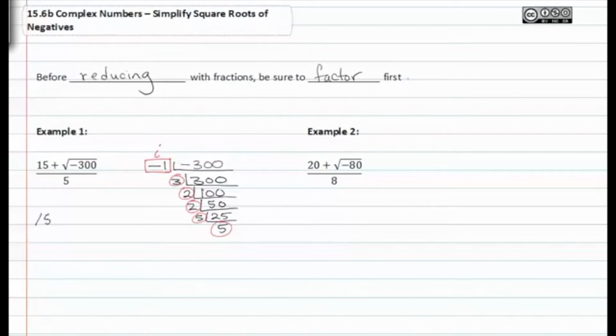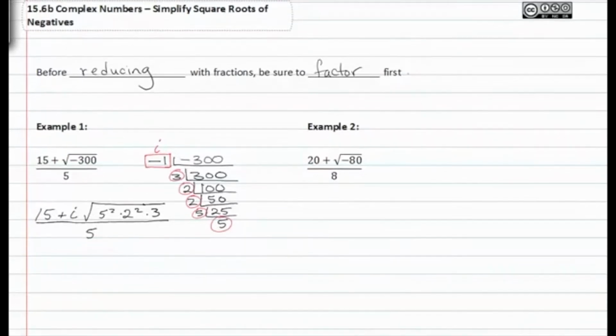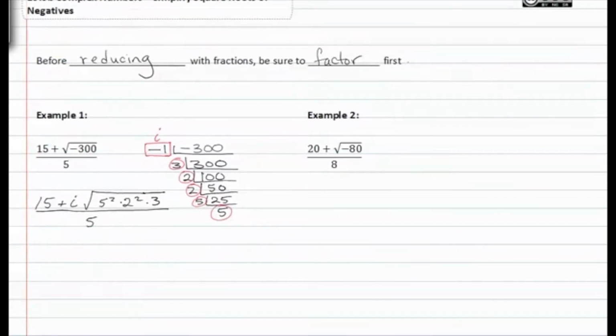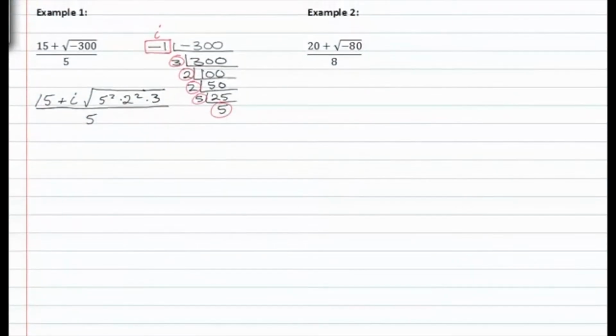We've got 15 plus i root 5 squared times 2 squared times 3, all over 5. From here, we can pull out a 5 and a 2 in addition to the i.